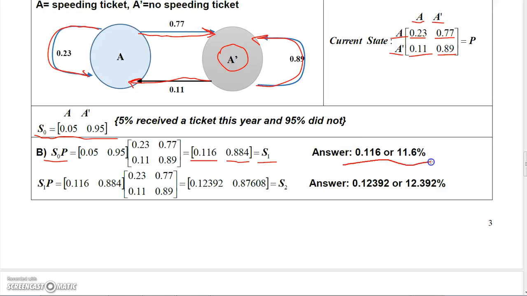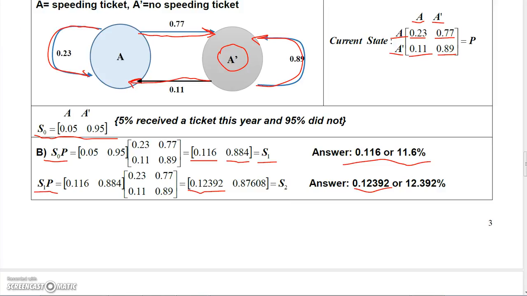And of course the probability that they don't receive a ticket is about 88.4%. And then if you go to the next year, you multiply that state matrix for that initial year times P again, multiply the new state matrix times P, and you get a little over 12%, so about 12.4% for the probability that they get a ticket the second year.